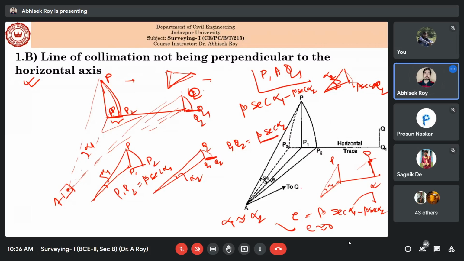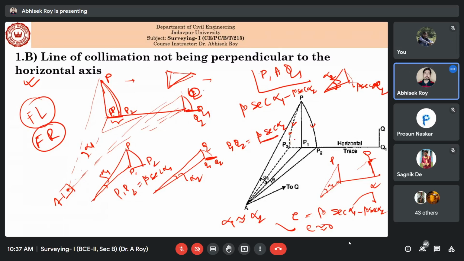Till now we have discussed the measurements with respect to face left operation. Now if you do face right operation, then again it will not follow this path, it will follow the path on the other side, or it will follow this P1 P3 trajectory. Face left, face right operation we have already discussed, right? Whenever you go for face right operation, it follows this sort of curved path.